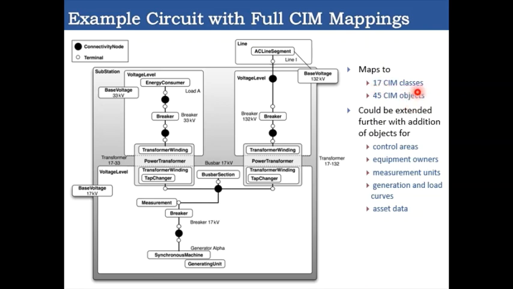So in this figure we need 17 CIM classes, 45 CIM objects. Now this could be extended further with addition of objects for, say, if you want to add the control areas, if you want to add equipment owners, if you want to add further measurement units, or if you want to add generation and load curves or any other asset data.